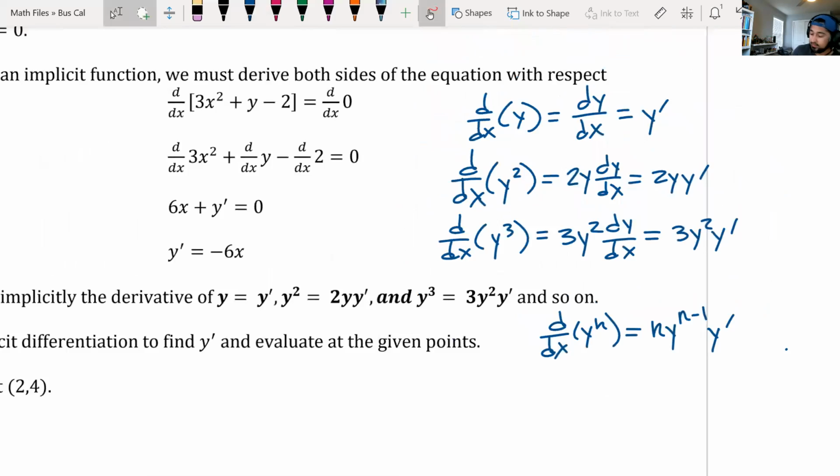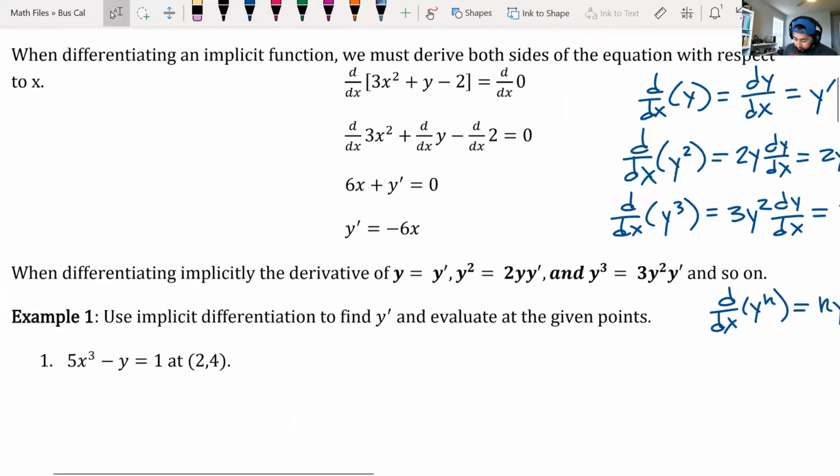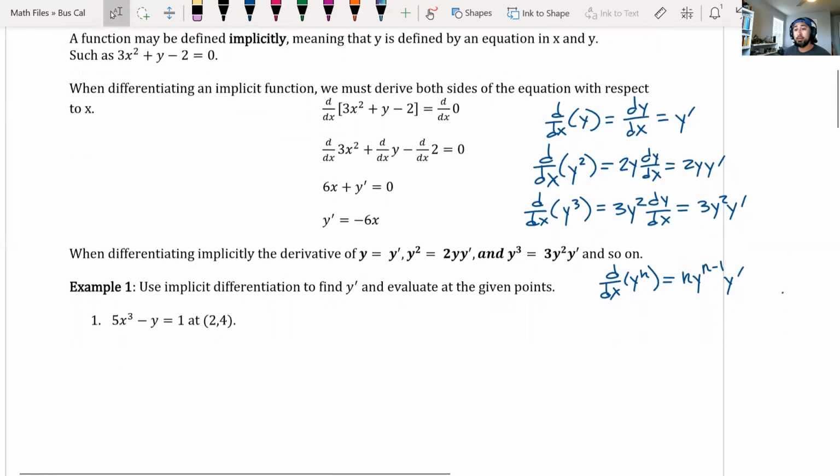All right, so let's get started. Number one, we want to take the implicit derivative of 5x cubed minus y equals 1. We want to solve it for y prime. And then after we get the implicit derivative, we're going to plug in 2 for x and 4 for y.